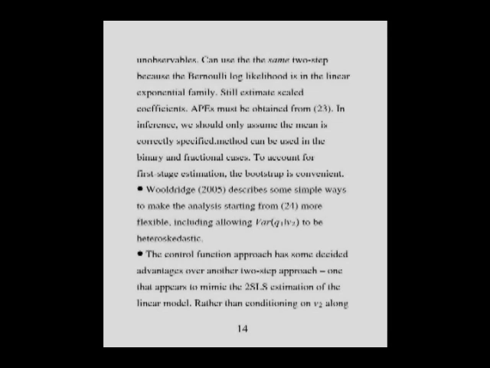the Bernoulli log likelihood has this nice property that as long as you have the mean correctly specified, you get consistent estimates even though the distribution is completely wrong. So you can do that, or of course you could do nonlinear least squares, which is always consistent for conditional means. So again, the point is that you can do all of this where y1 is just any variable that's between 0 and 1.